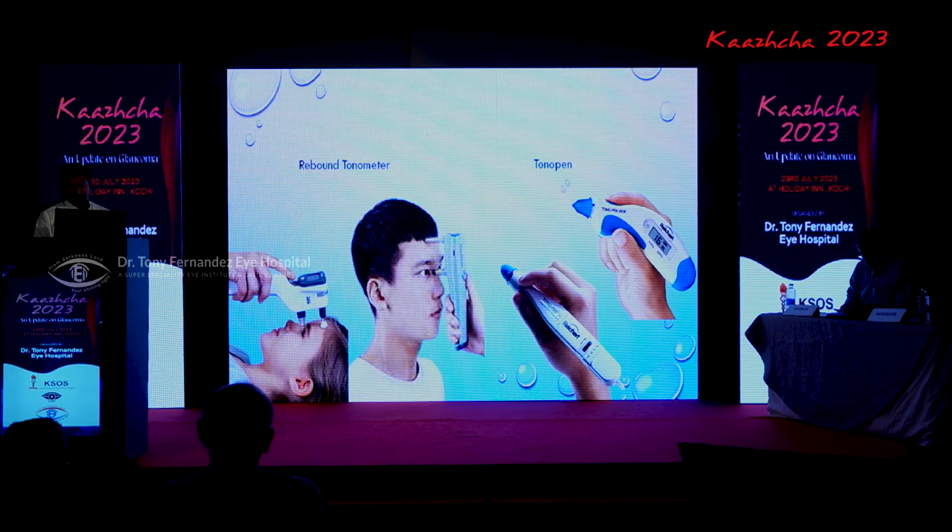TonoPen is another tool which can be used in scarred corneas or any corneas with opacities and other things, which definitely needs proparacaine or some topical anesthetic, but it is easier to take pressures in children with these tools.